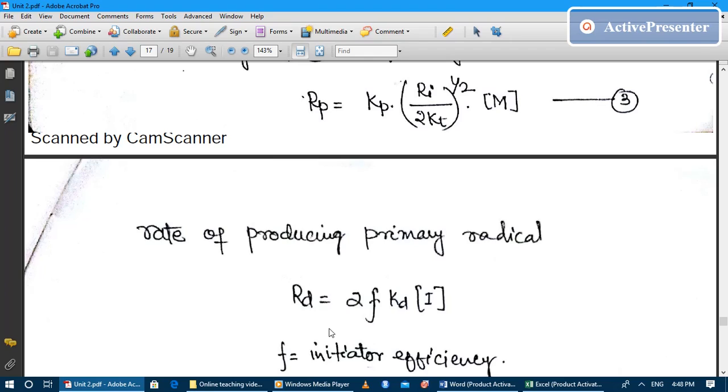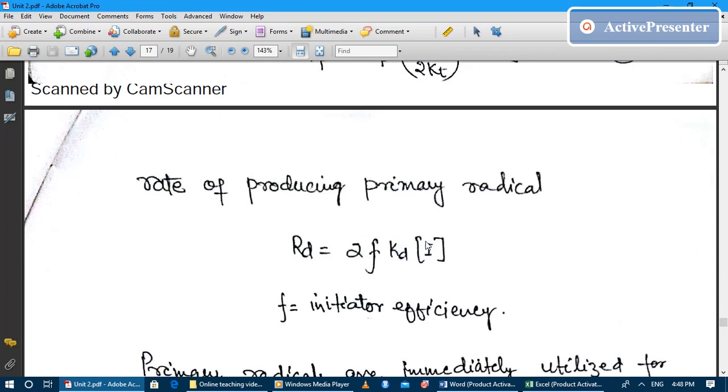So the rate of producing primary radical, Rd, is equal to 2f Kd [I], where [I] is the concentration of initiator and Kd is the rate constant of decomposition of initiator.